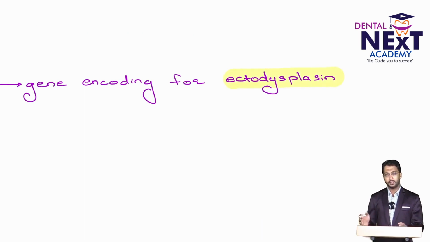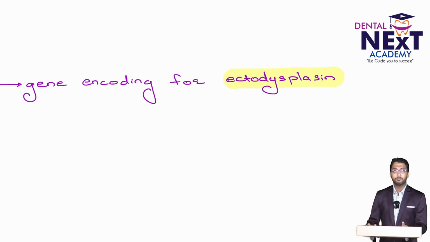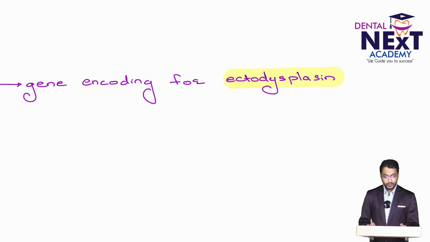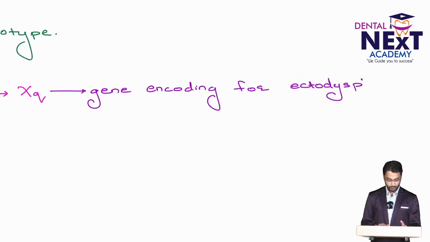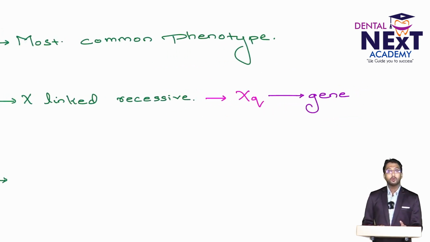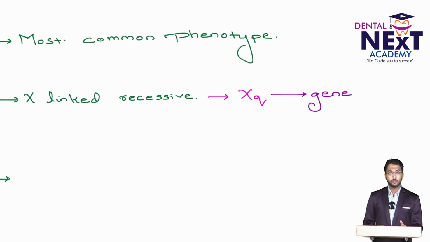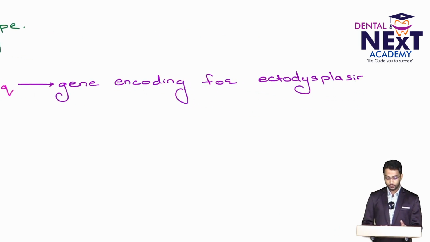Now, oral pathology is shifting more towards histochemistry and genetics. Majorly the questions come from there, so you have to learn them. So ectodysplasin, XQ, is the one associated with anhidrotic. It is the gene encoding for the protein ectodysplasin.